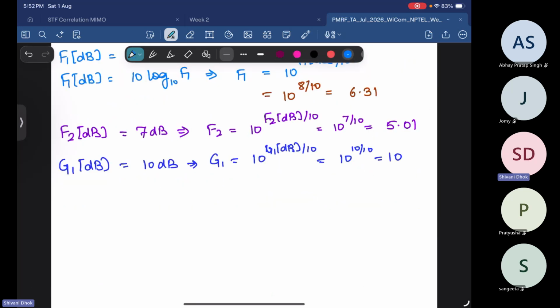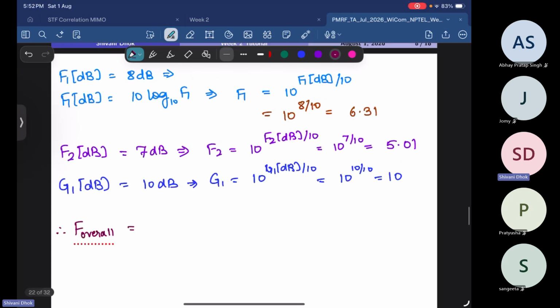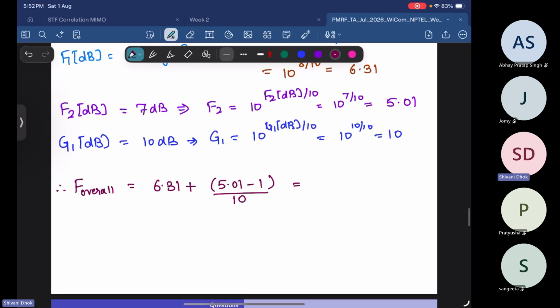Therefore, the overall noise figure is F1, which is 6.31, plus the noise figure of the second stage, 5.01, minus 1, divided by the gain of the previous stage, that is 10. If you simplify, this turns out to be 6.711.